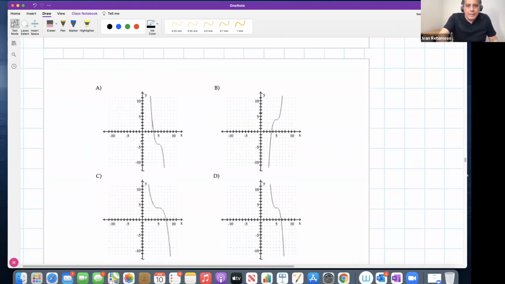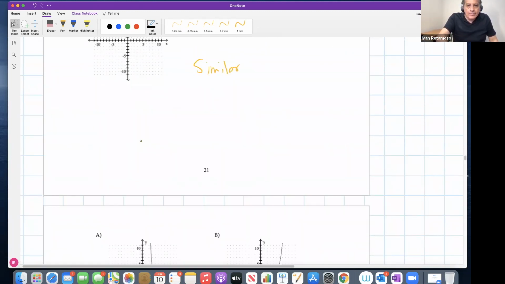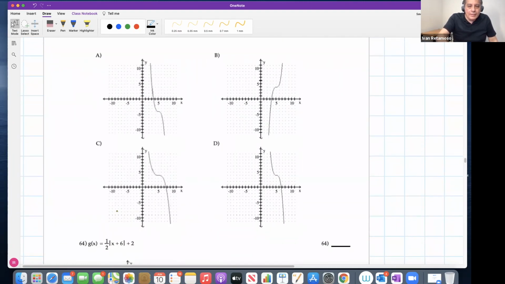Sometimes when there are two candidates, as I explained, use some test point, for example, x equals 0, and see where the y should be, or y equals 0, where the x should be, and that will tell you.